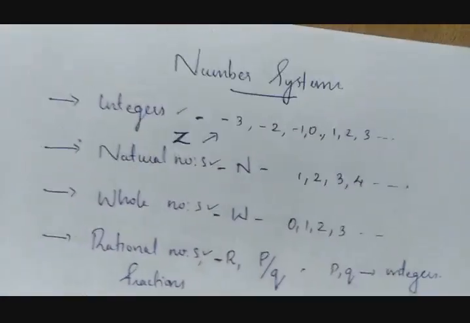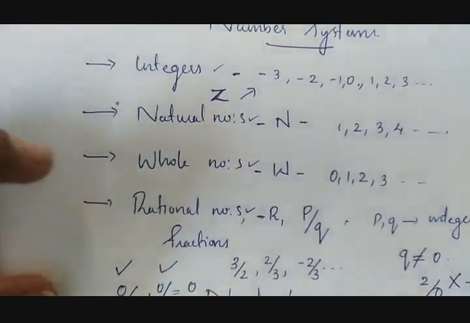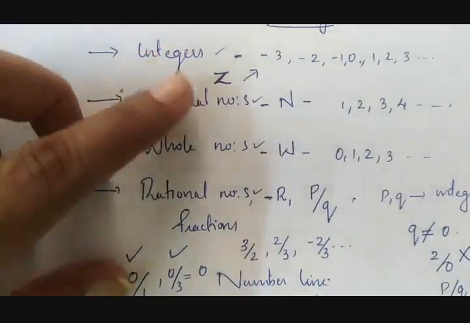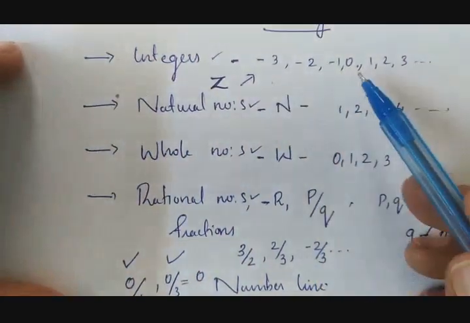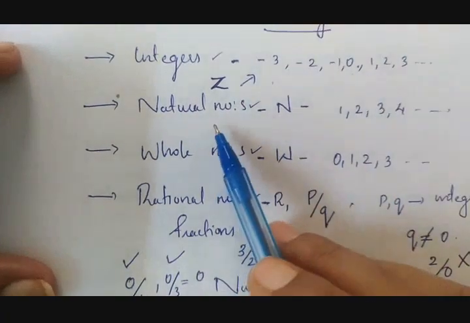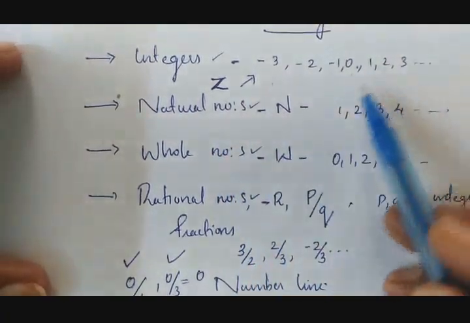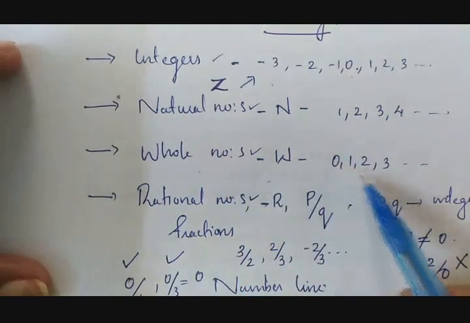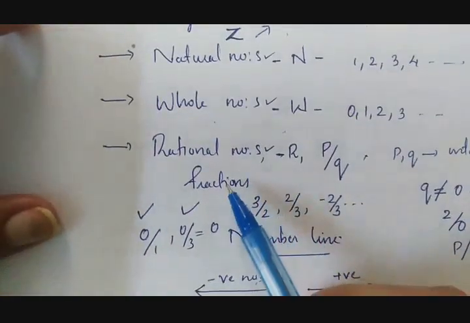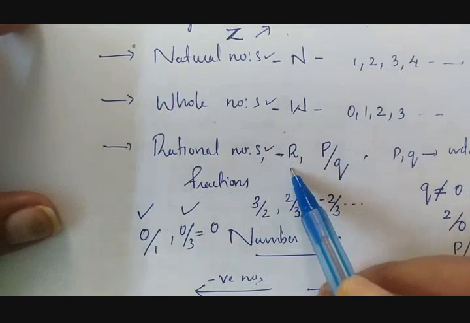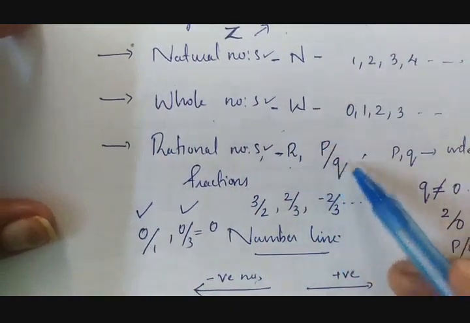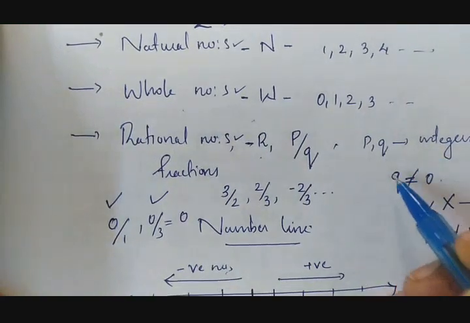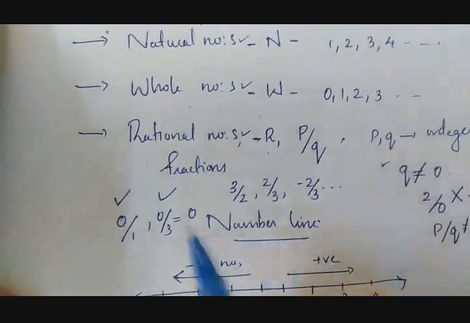So we discussed integers, natural numbers, whole numbers and rational numbers. Integers are represented by variable Z. It consists of all negative numbers, 0 and positive numbers. Natural numbers N consist of all positive numbers, whole numbers W, 0 and all positive numbers, rational numbers or fractions represented by variable R, which are represented in the form of P by Q, where P and Q are integers, but with one condition, Q not equal to 0.